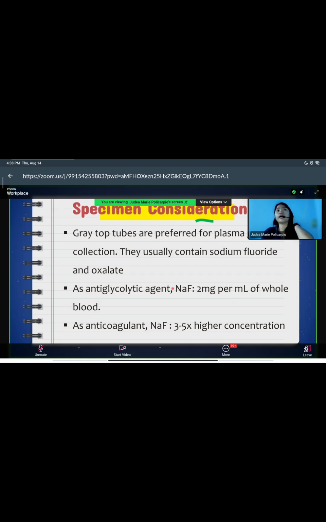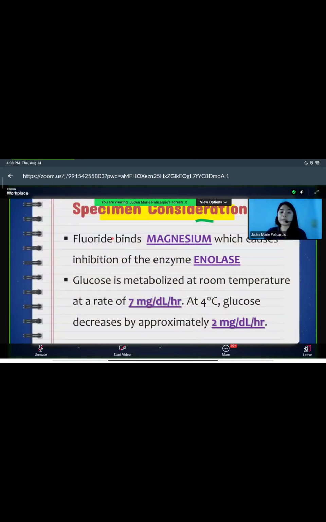Sodium fluoride actually targets your magnesium. Ang target talaga niya ay si magnesium. Kasi pag nawala si magnesium, hindi nagagana si enolase. And enolase is one of the rate-limiting steps sa glycolysis natin. Isa yan sa mga importanteng enzyme sa glycolysis.